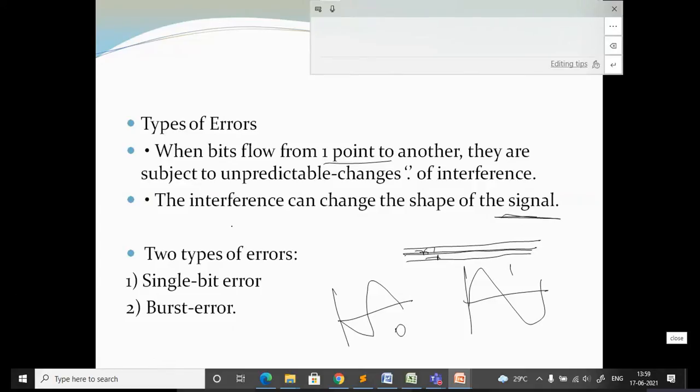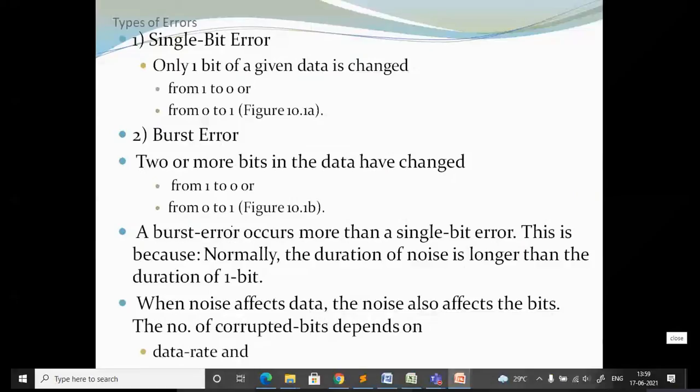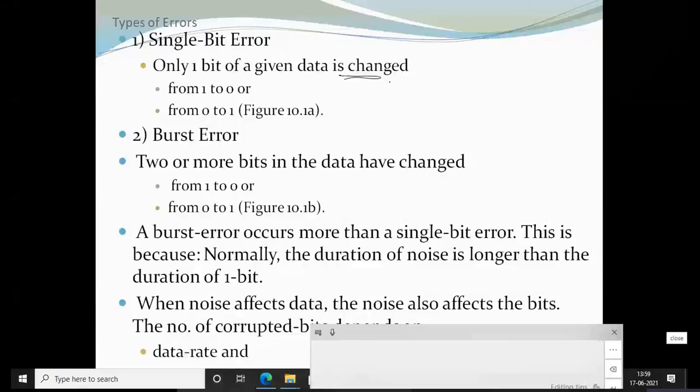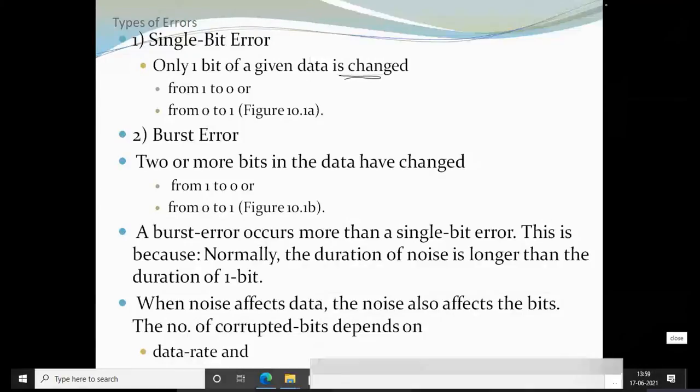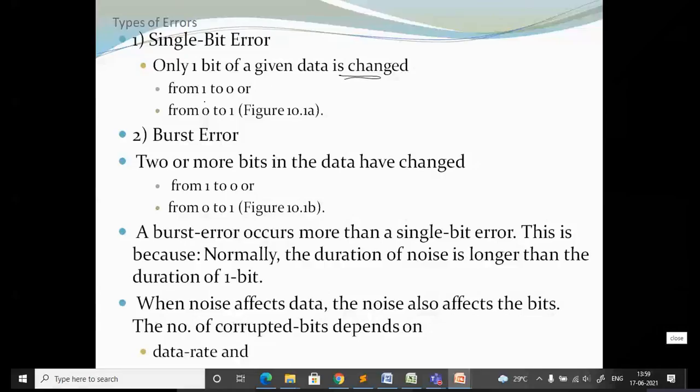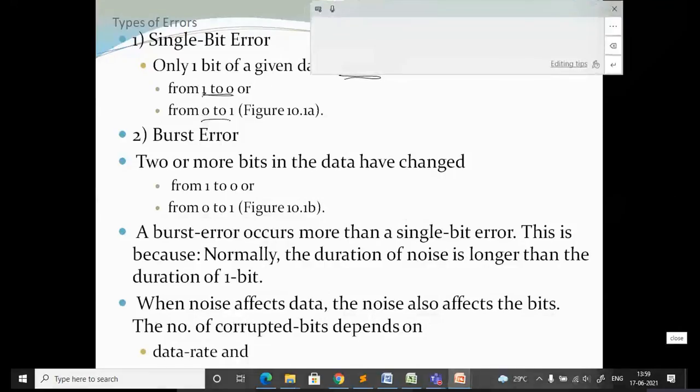So next, two types of errors. One is single bit error, where only one bit got error, and burst error. What is the meaning of single bit? Only one bit in the given data is changed. Among the bits you are sending, only one bit got changed, either from 1 to 0 or from 0 to 1.